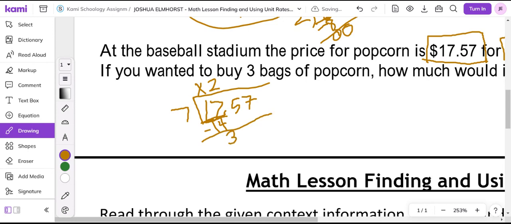Now the decimal, we don't have a decimal out here. So then we can just bring the decimal straight up into our answer. Now we bring the 5 down. How many 7s go into 35? 5 times 7 is 35. We have 0 from that place value. And then how many 7s go into 7? 1.